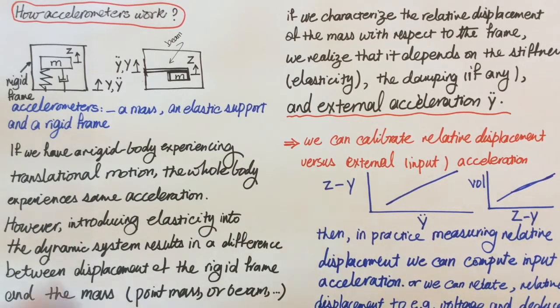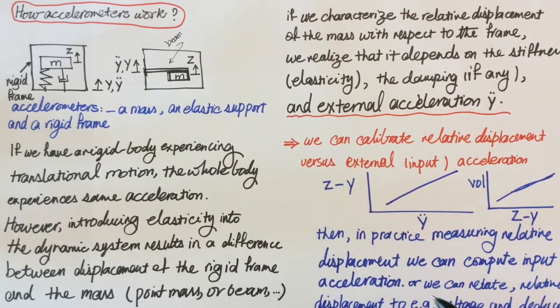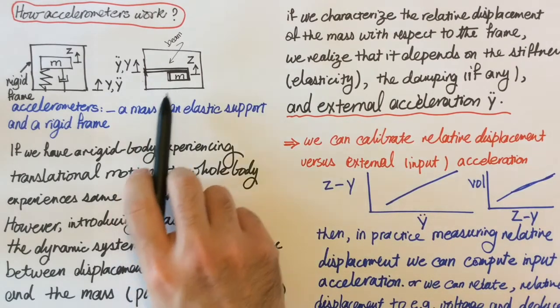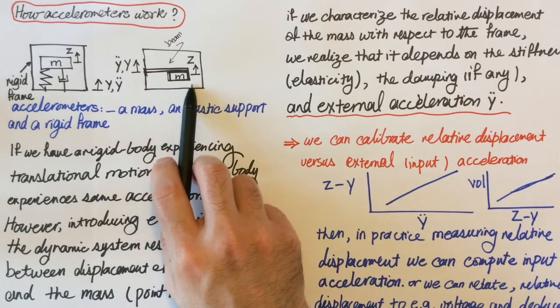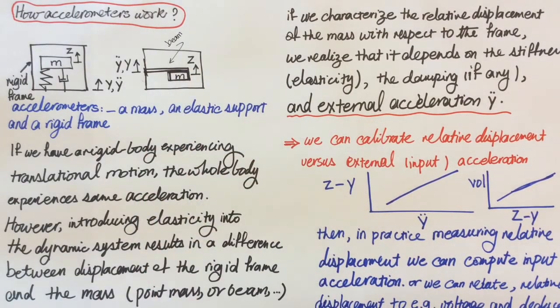Now in practice, this relative displacement is related to some other variable, mostly a voltage. For example, they place an electrode here, and because this mass goes up and down, that change in capacitance generates a voltage.